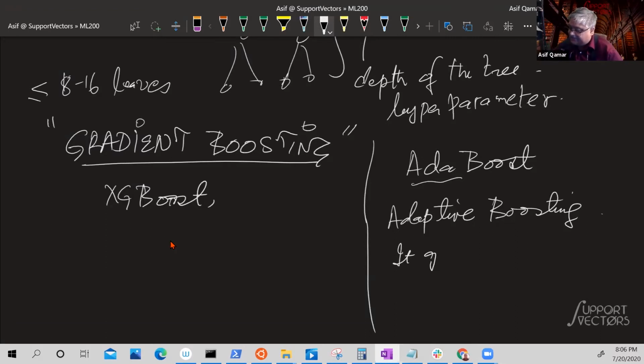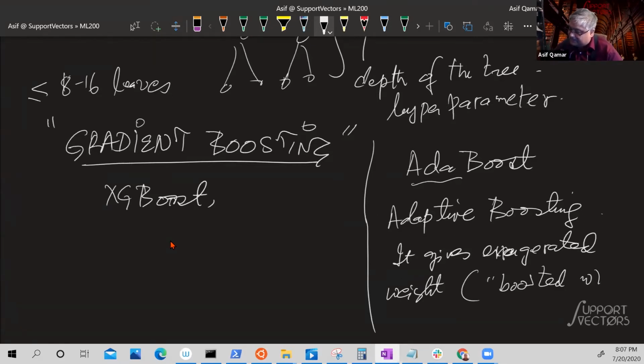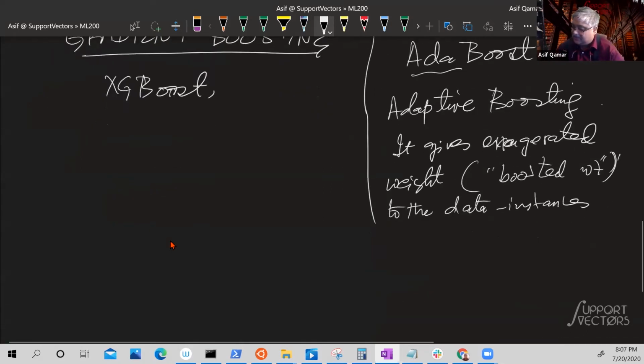It gives exaggerated, boosted weight to the data instances that a learner got wrong, let's say F(m-1) got wrong so far.